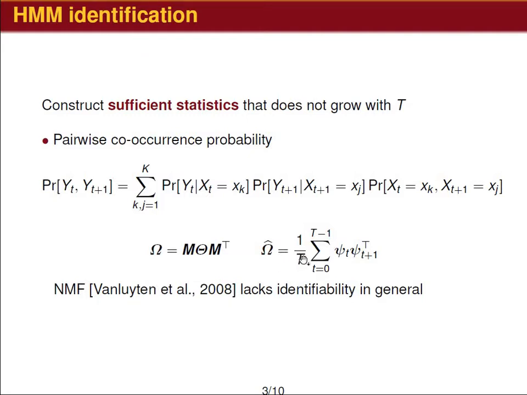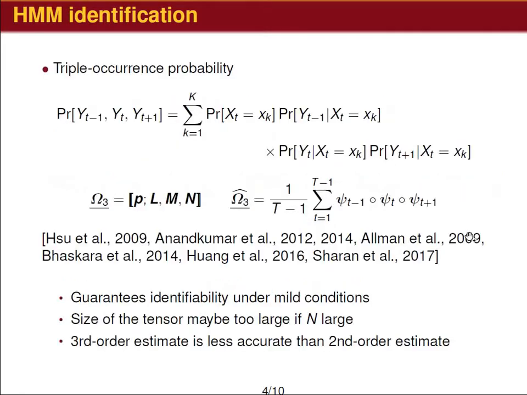But the issue is that NMF lacks identifiability in general, which means we can have a factorization that agrees with the observation of pairwise co-occurrences but does not agree with the other information that is lost when constructing the second order statistics.